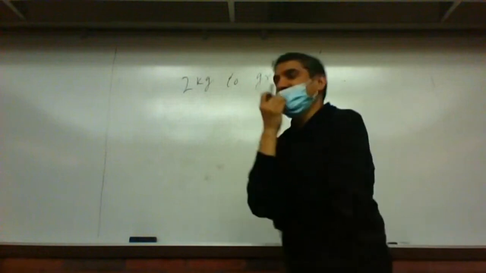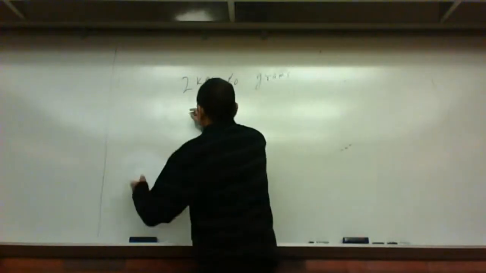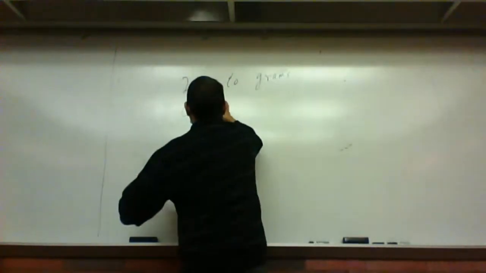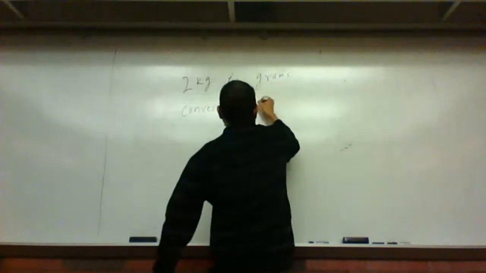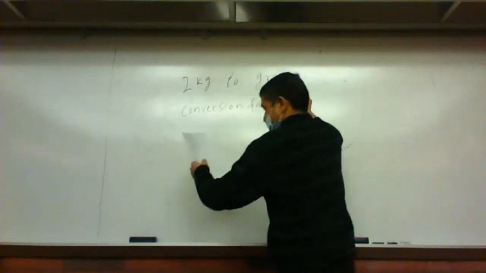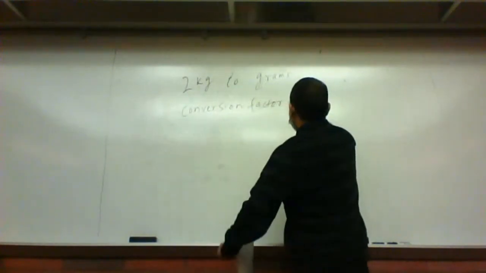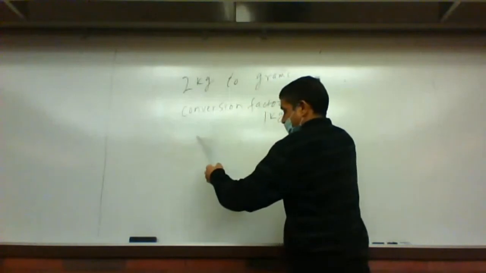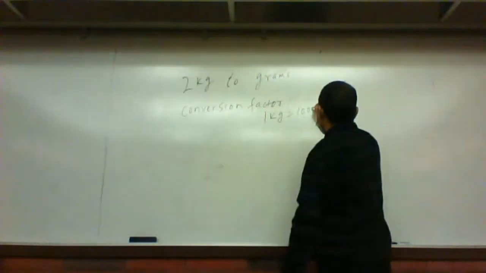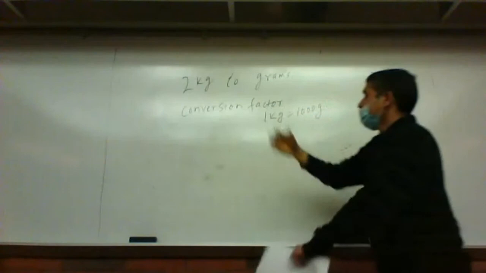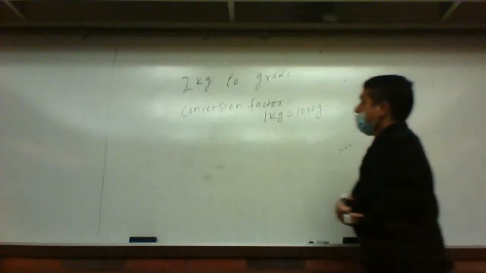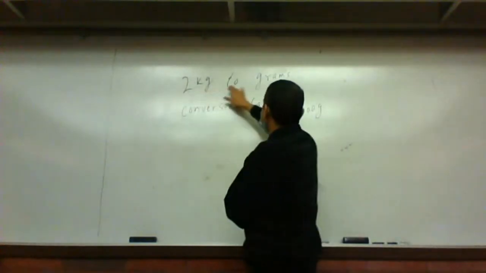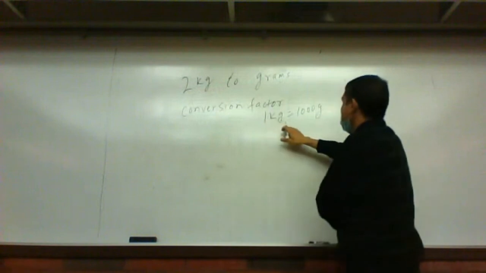This is simple, but very important. There is a conversion factor: 1 kg is equal to 1000 grams. These things are given. So your job is to convert 2 kg into grams, and the conversion factor is 1 kg to 1000 grams, right?